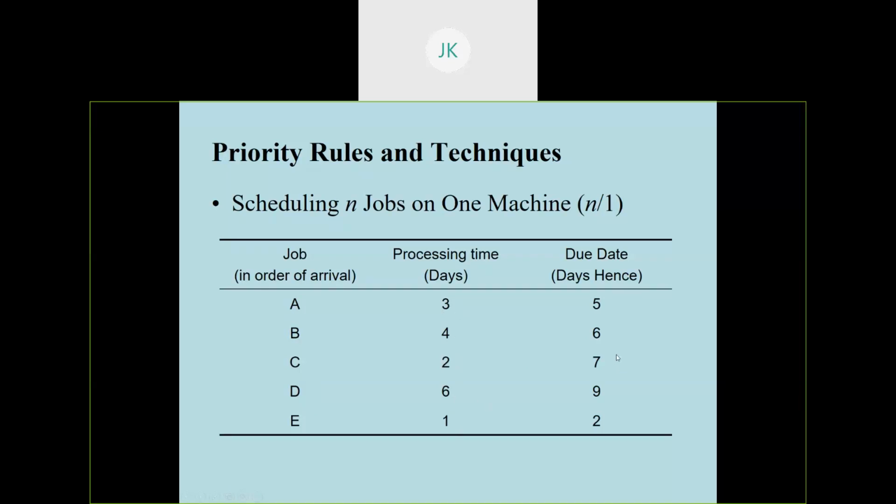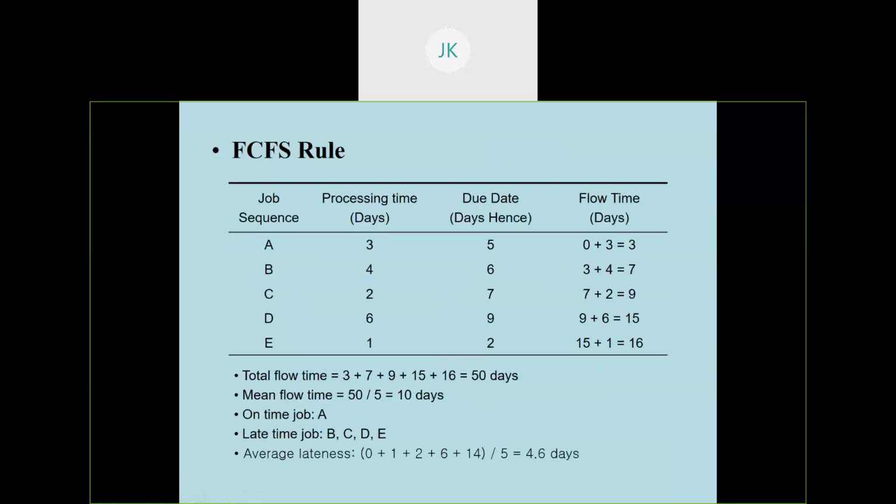And the due dates are 5 days later, 6 days later, 7 days later, and so on. If we use the FCFS rule, A comes, B comes, C comes in order, then we take A first, B, C, D, and so on.